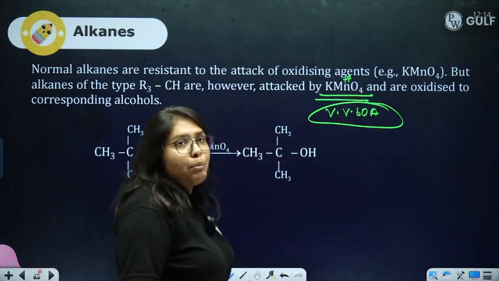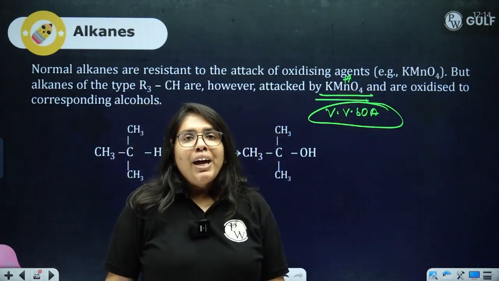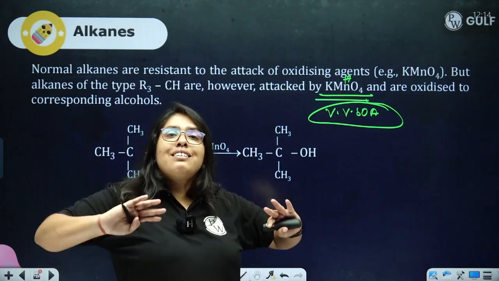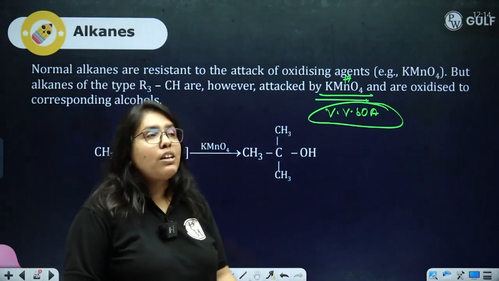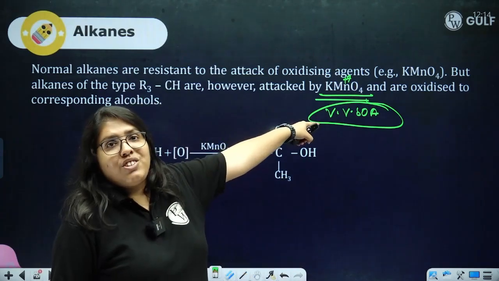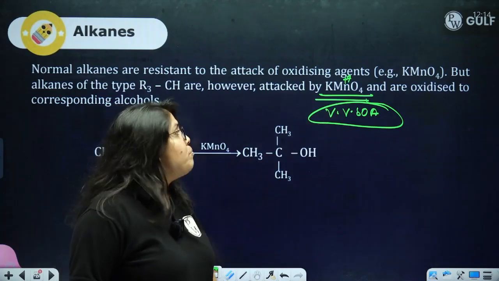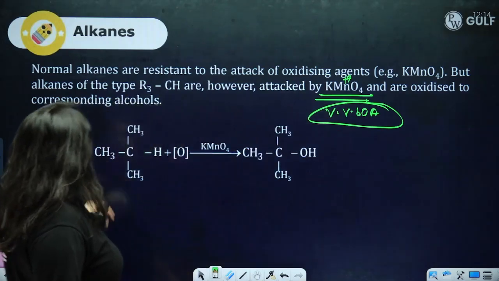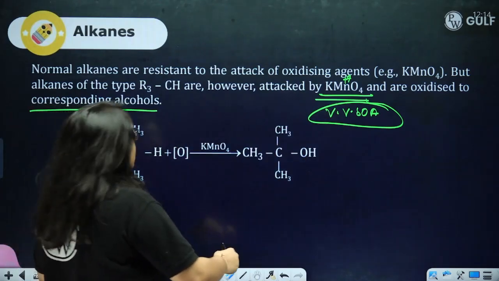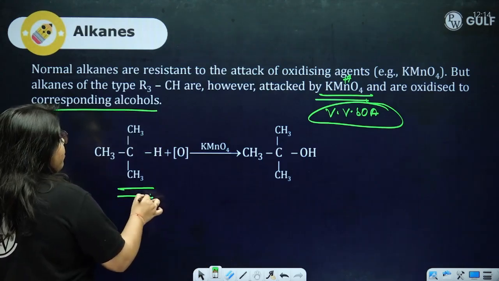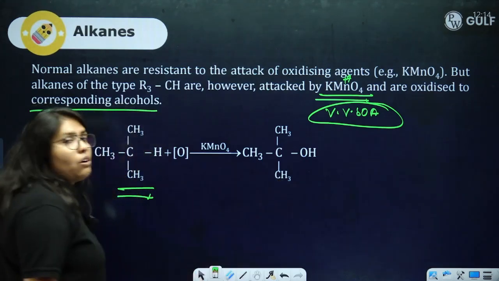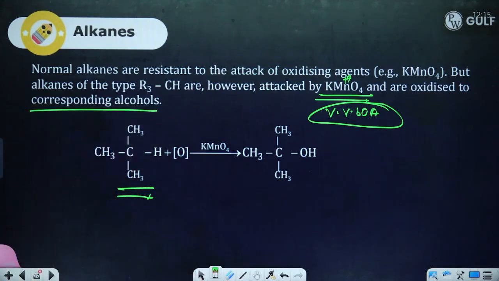So, it is only capable of undergoing reduction. As a result, it is a very strong oxidizing agent because it is in its highest oxidation state. So they are oxidized to corresponding alcohols. So you can see over here, this is giving rise to alcohol. Please have a look. I hope this is clear.